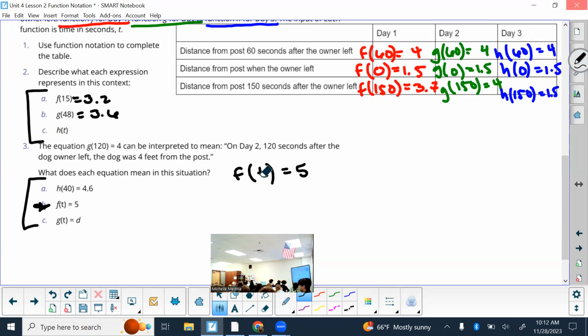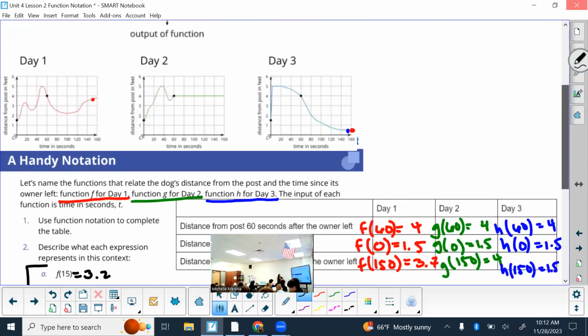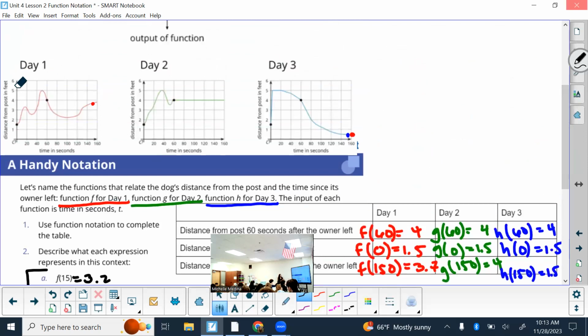Can you figure out what the input is? First of all, what graph do I need to look at? It's F of T. We gotta look at day 1. And if I know my output is 5, and your outputs are always on the y-axis, see where the line touches.